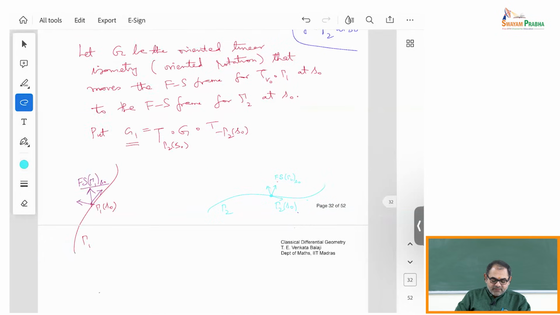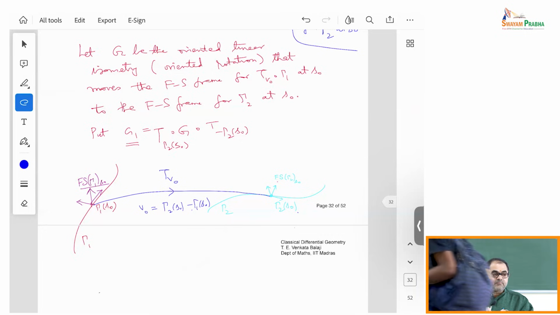What we have done is that we have moved this red thing by a translation. What is a translation? I am just moving this point to this point by translation by V naught. This V naught is just gamma 2 of S naught minus gamma 1 of S naught. Basically this red curve is translated by this vector, which joins gamma 1 of S naught to gamma 2 of S naught.